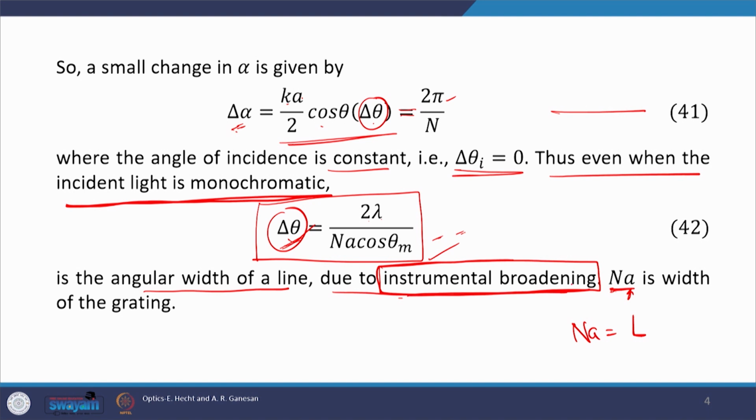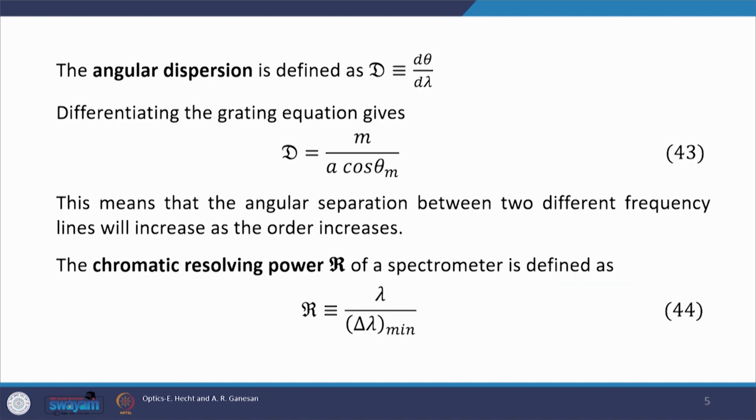But what if the source has some wavelength spread or bandwidth? In that case, we define angular dispersion, designated by this italic D and defined as d theta by d lambda. Now, if you remember, the grating equation is given by A sin theta m equals m lambda.